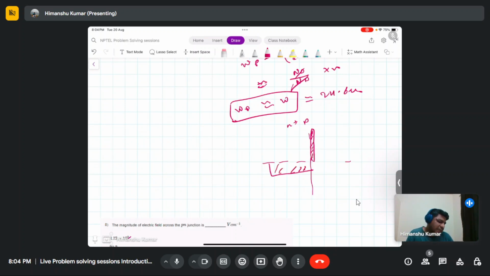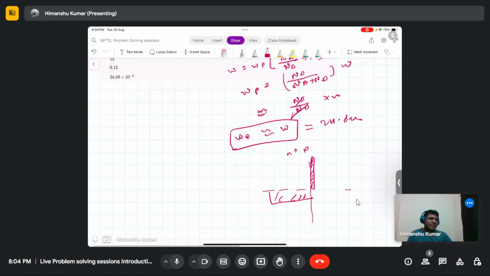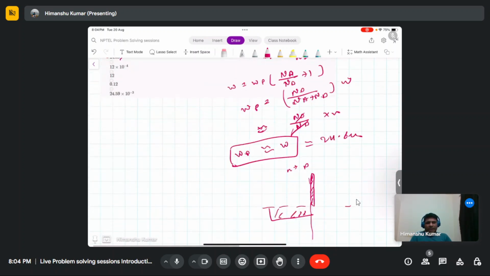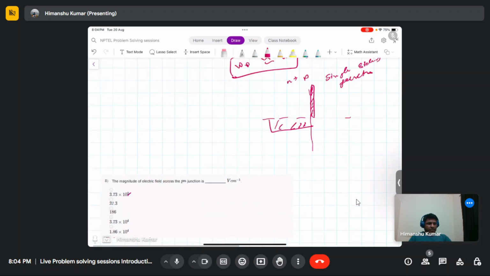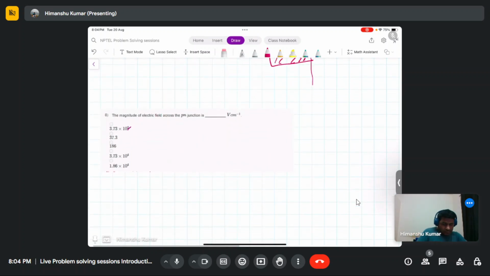So this is the case of a heavily and lightly doped junction, or single-sided junction.